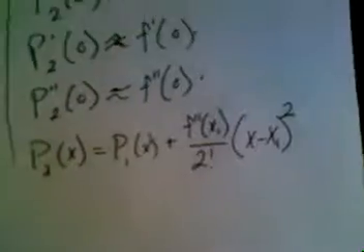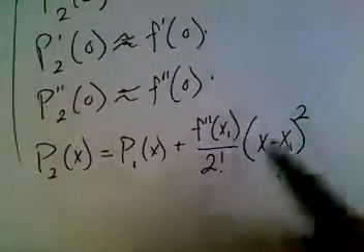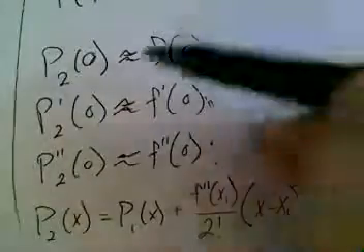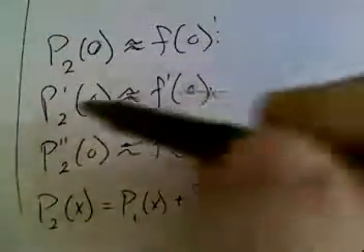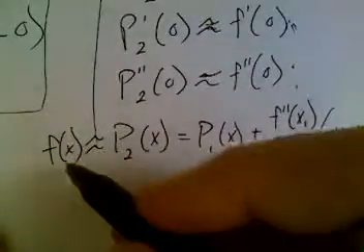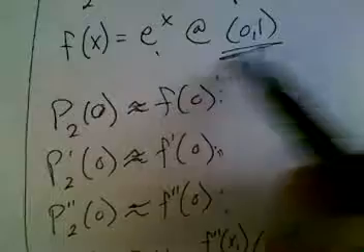By adding that piece, it will follow all of these rules. The values are the same. The slopes are similar. The curvature is similar. So the approximating polynomial should be similar to f of x, the exponential function, around that point.